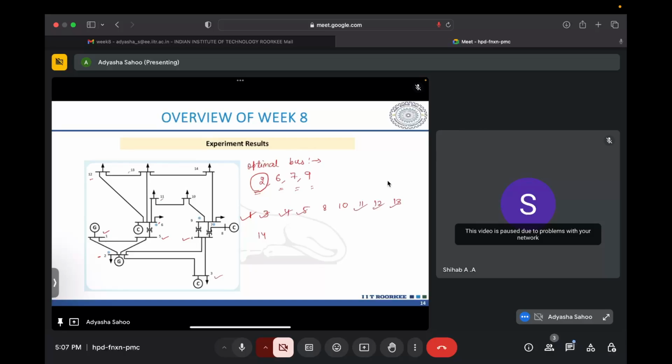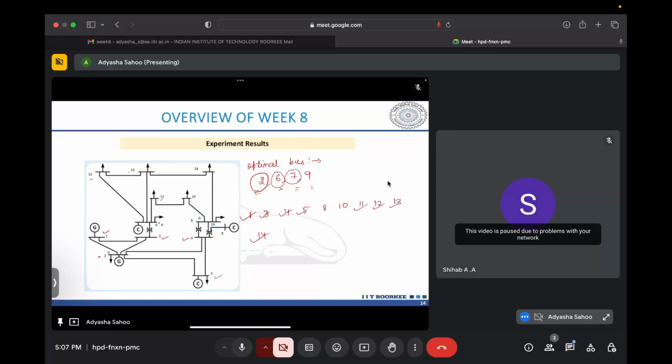Next, you have bus 7. So if you know bus 7, then you know bus 14. And if you know bus 9, okay, 6 also complete. Yes. What is left? 8 and 10.